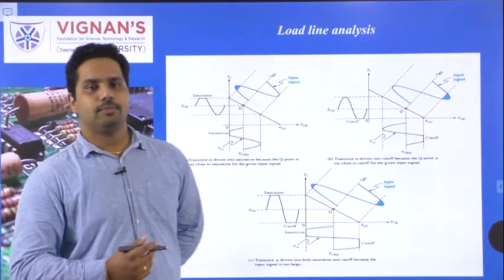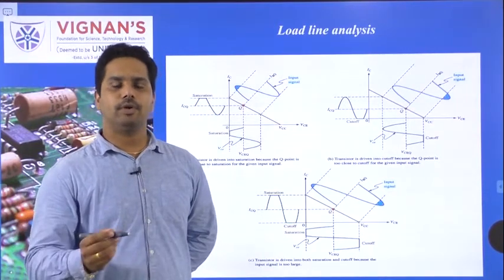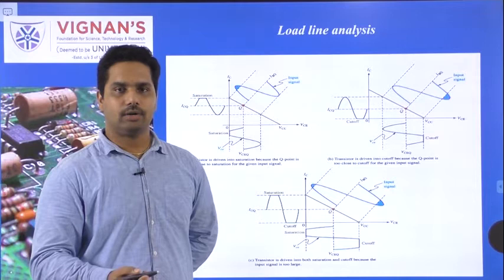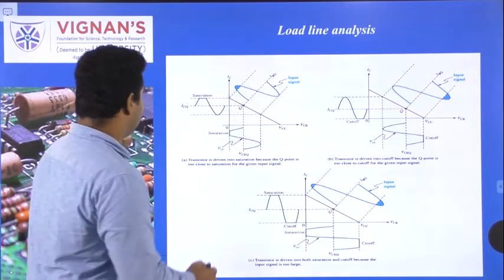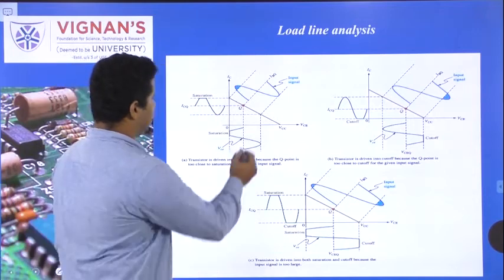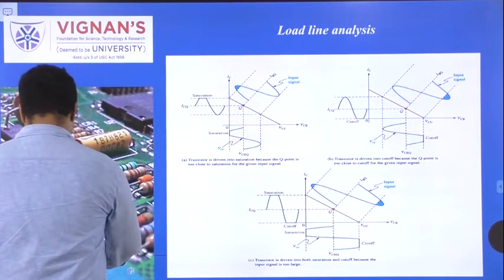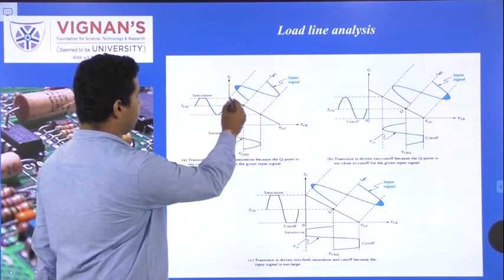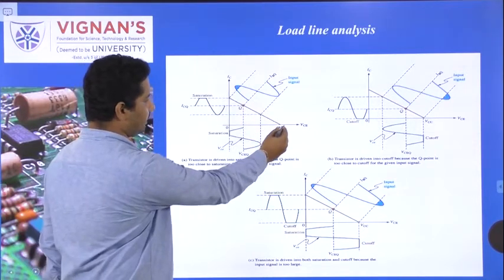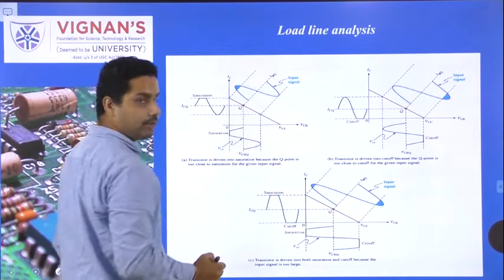Now we will see what will happen if the Q point is not the desired one, or if the Q point is not at the middle of the load line. In the first example, you can see that the Q point is somewhat nearer to the saturation region. So this is the saturation region, here the cutoff, and this is your active region.